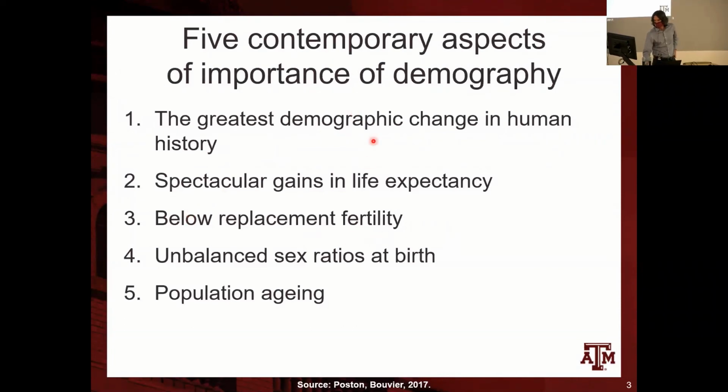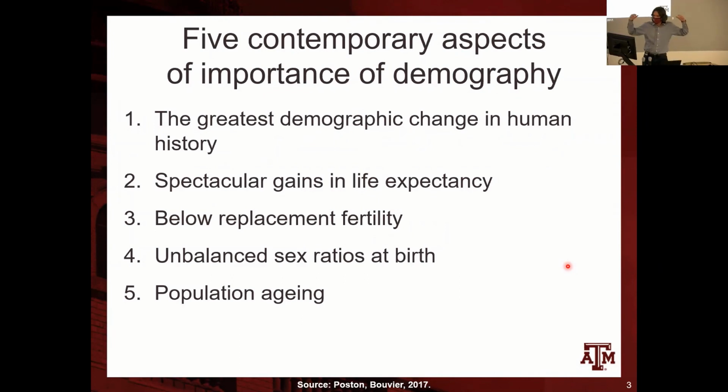So there are 5 major changes going on in the world that are of importance in demography. One is that human society increased a lot over these last centuries. That's the greatest demographic change in human history.